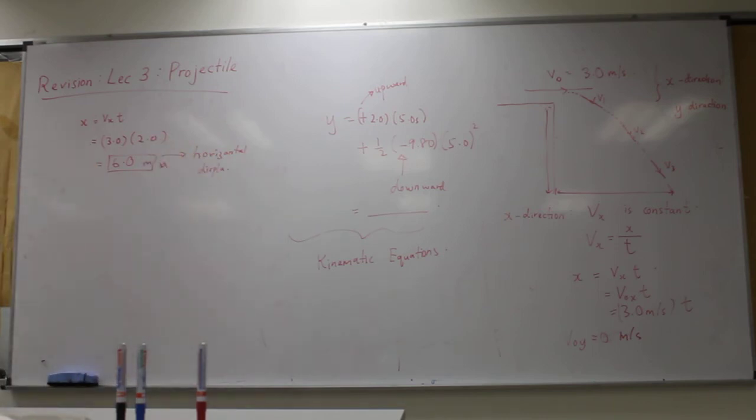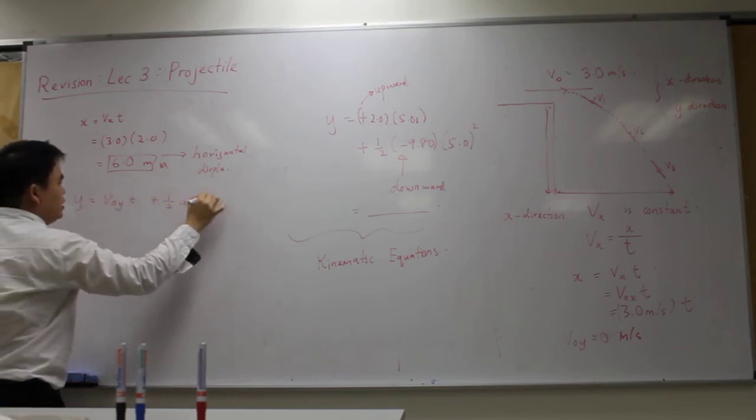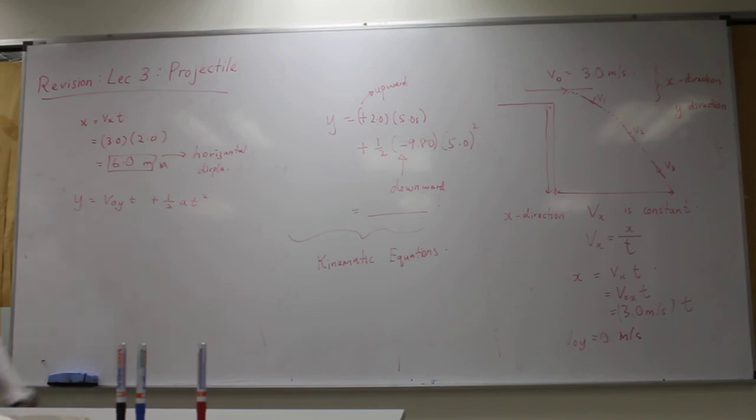And how about the y? We use y equal to v naught y t plus half a t squared to make our life easy. Downward we use negative, upward we use positive. For this scenario, v naught y is 0 because initially there's no vertical speed.